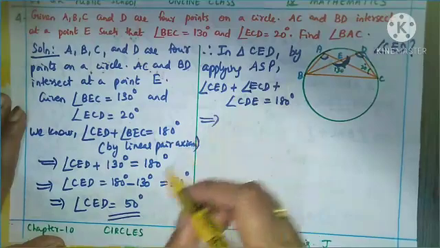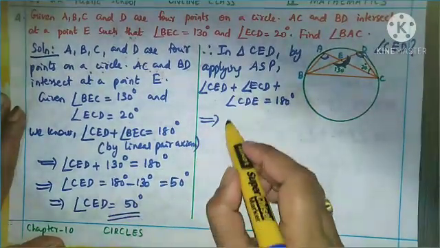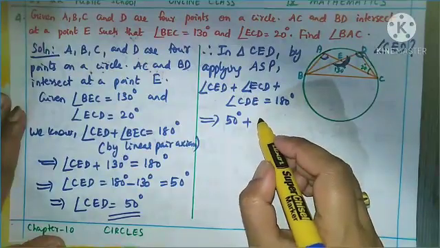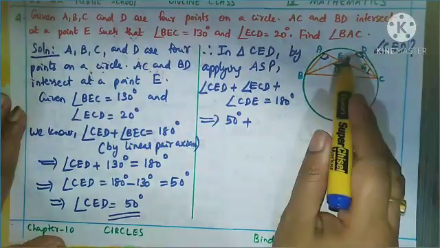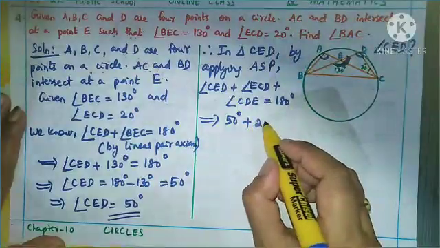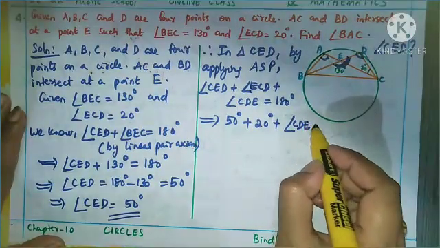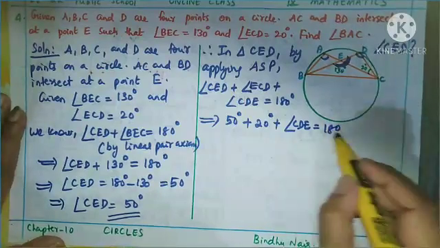So this implies CED we found out as 50 degrees. 50 degrees plus angle ECD, which is given in the question as 20 degrees, plus CDE equal to 180 degrees.